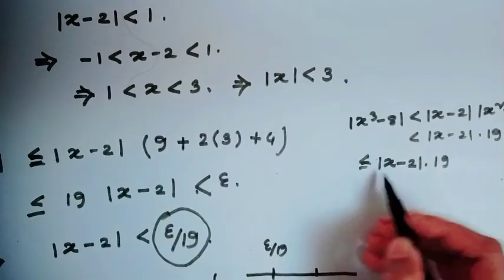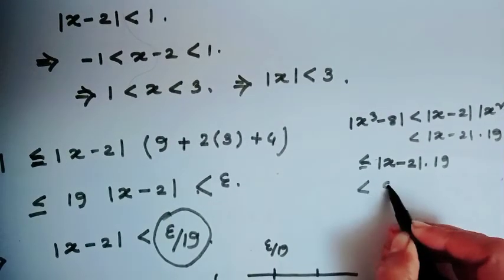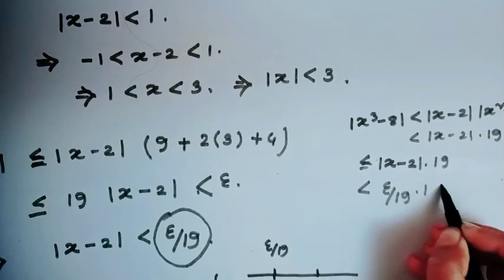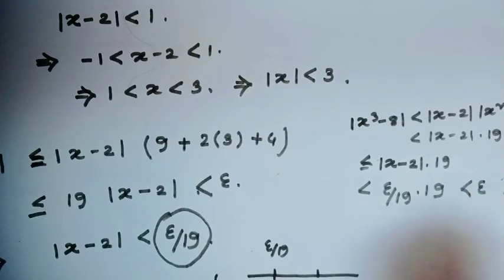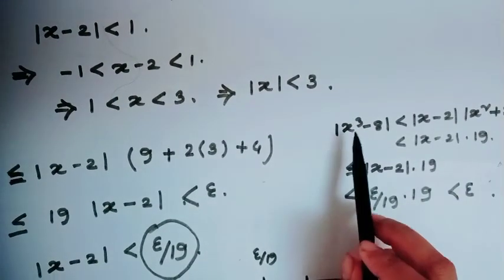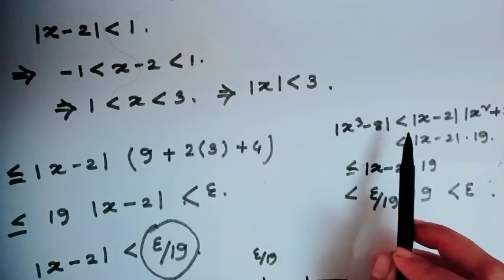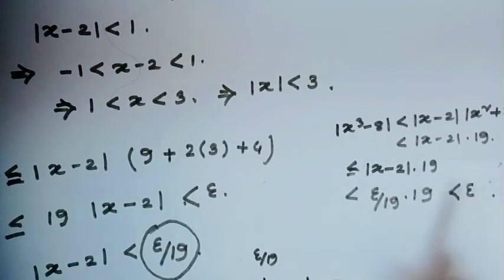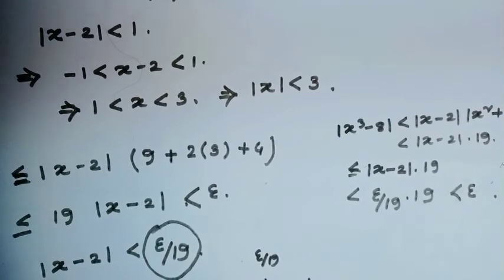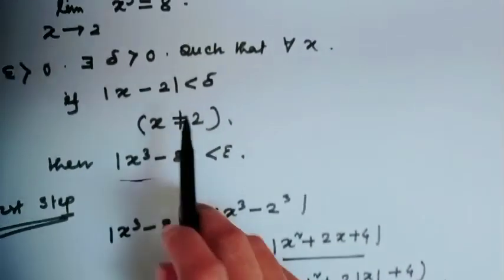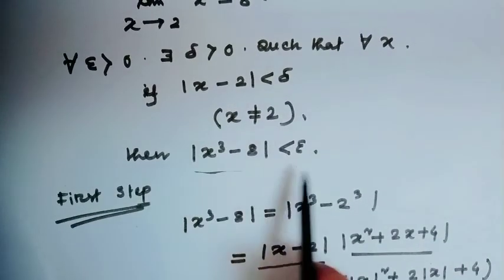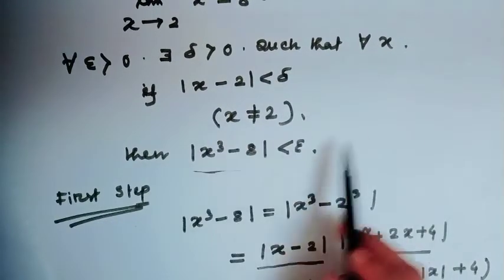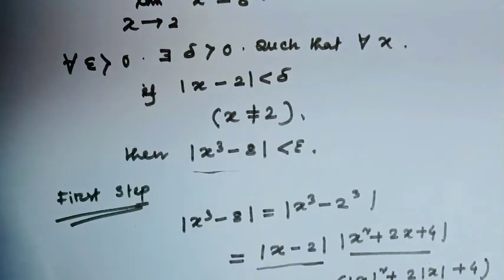That means this is strictly less than epsilon over 19 times 19, which is epsilon. That means the absolute value of x cubed minus 8 is strictly less than epsilon. And this is our proof. Let's see again what we had to prove, and I have done it.